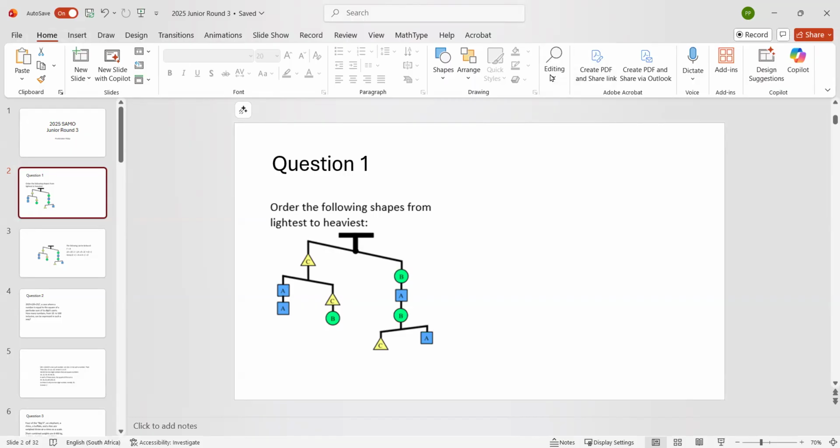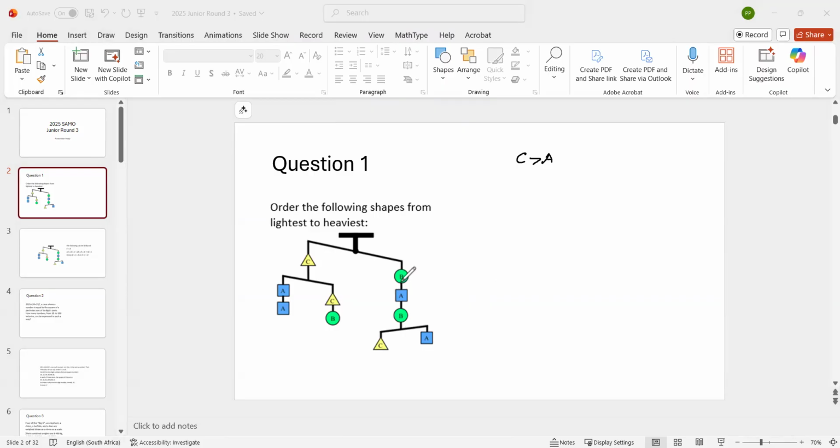So what we have here is that this weight here, the total weight here is, well, let's have a look at this one here. You can see that this is going down and that is going up. So therefore the C is heavier than A from here.